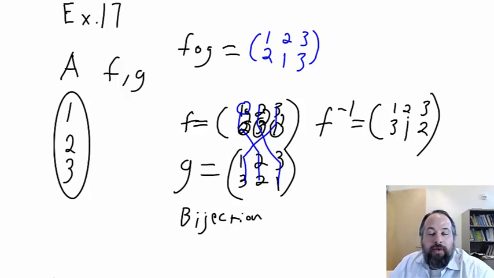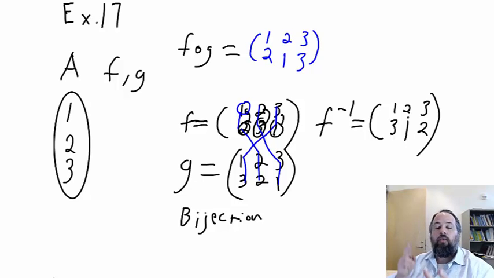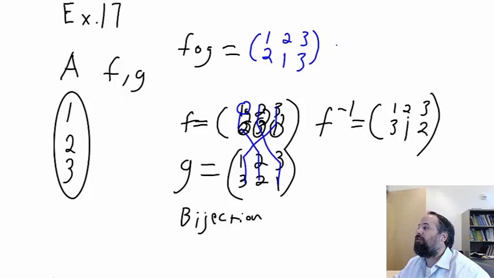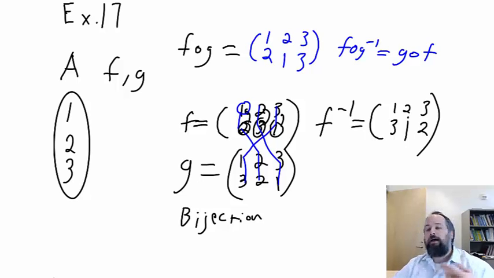Now what do you notice about F O G? 1, it is a mapping from set A to set A. 2, it's a bijection. So F O G is also a permutation, right? And it's a permutation such that the inverse of F of G equals G of F. I'll let you do that one yourself to prove that to yourself.